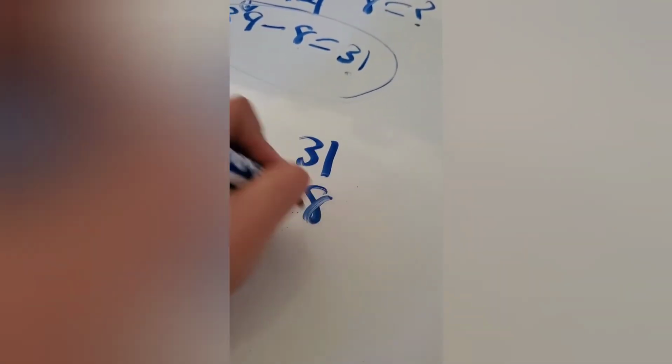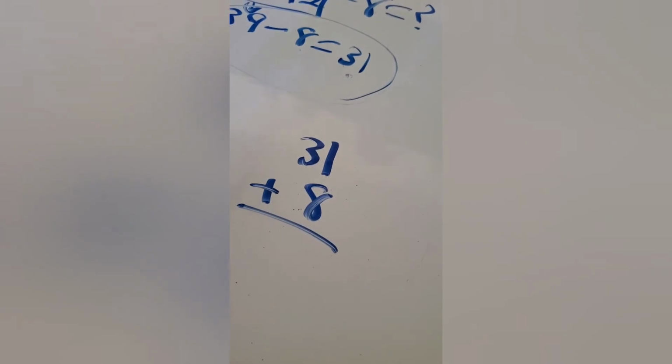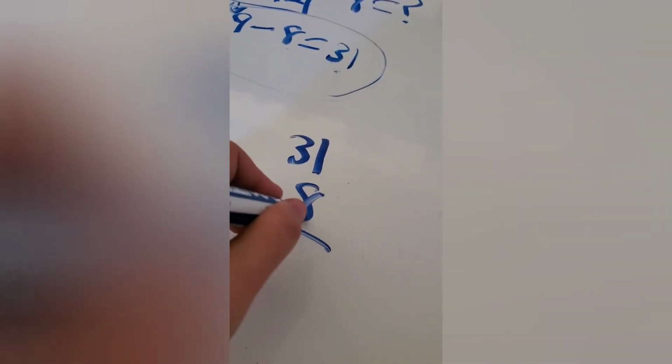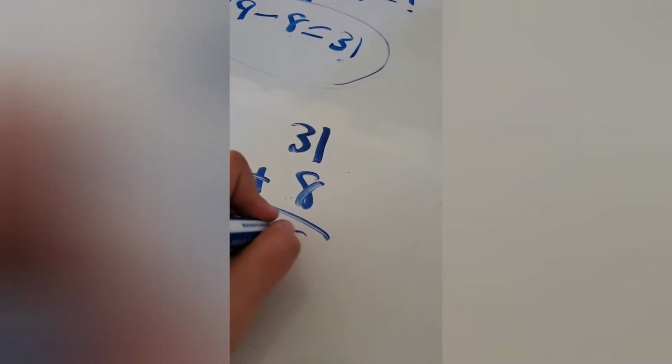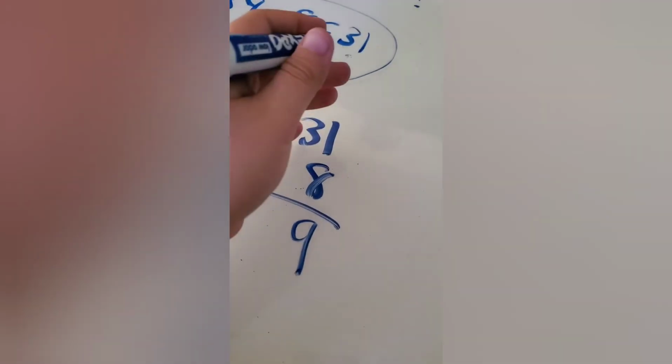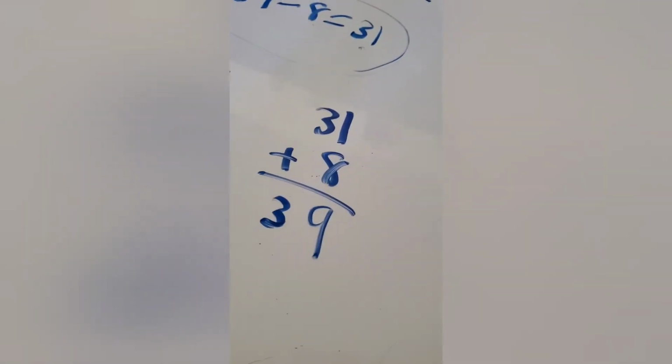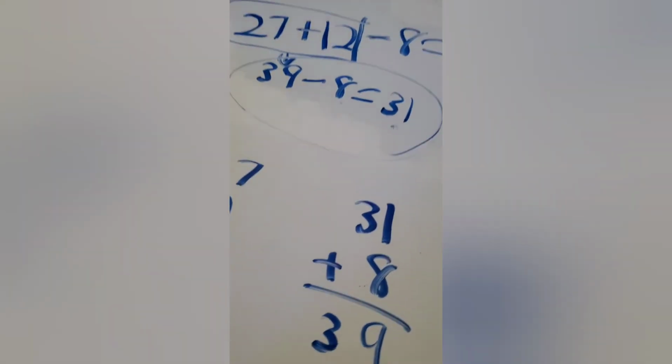So that way I'm adding up the two parts together to see if it equals the whole. So 8 plus 1 is 9. And 3 plus 0 is 3. 39. I got it. Yay! Isn't that awesome?